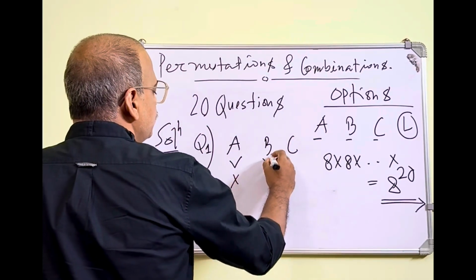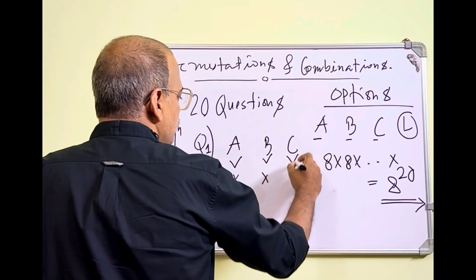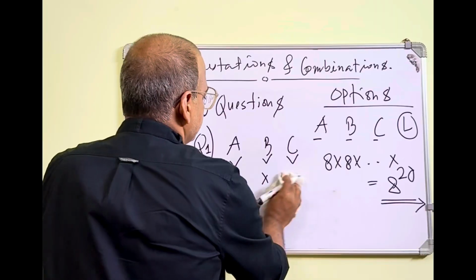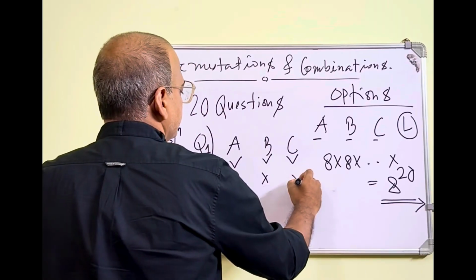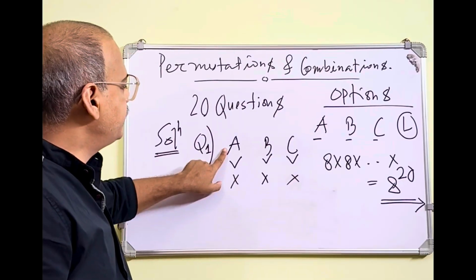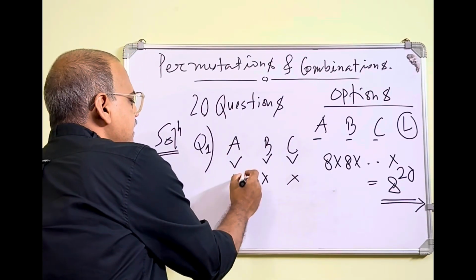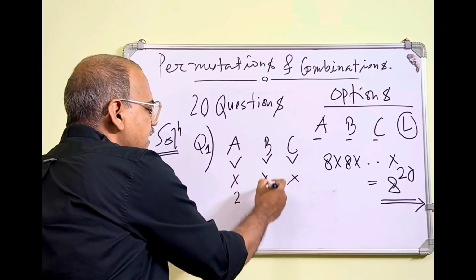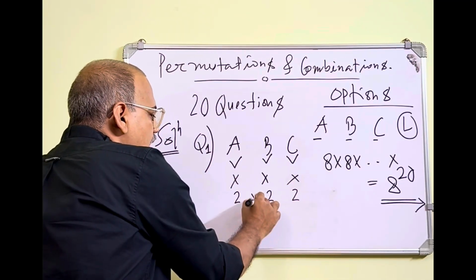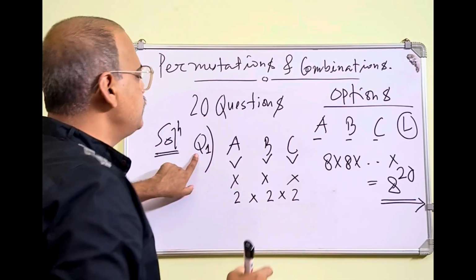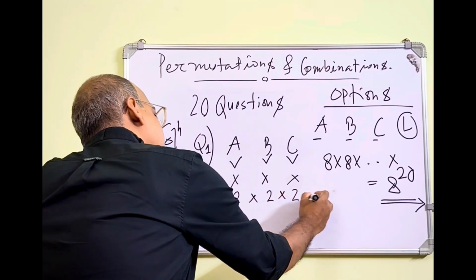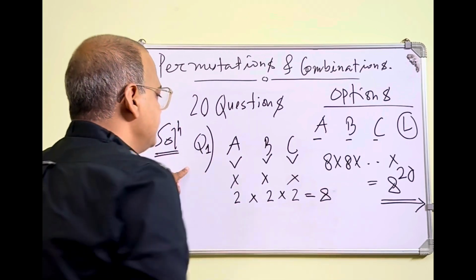Similarly, I can choose or leave for B, and I can choose or leave for C. So how many ways can I select this question? There are 2 ways for each. Either I can choose or I can leave. Similarly, I can choose B in 2 ways, C in 2 ways. How many different ways can I choose question number 1? 2 times 2 times 2 equals 8.